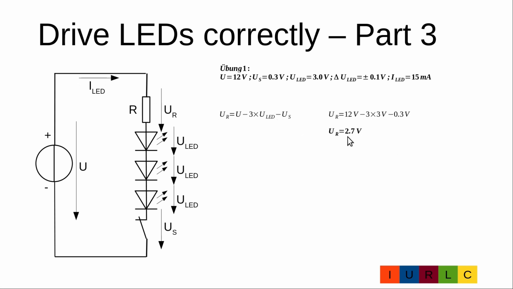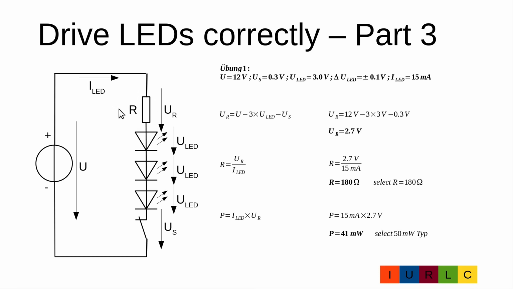UR is 2.7 volt. With Ohm's law we get R is UR divided by ILED with concrete numbers 2.7 volt divided by 15 milliamp. R is 180 ohm and we select the standard resistor 180 ohm.